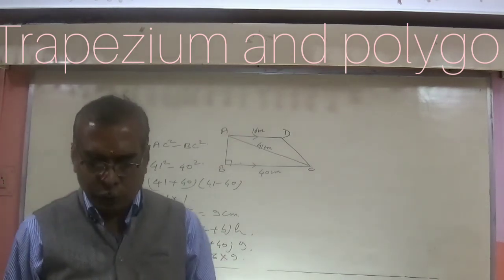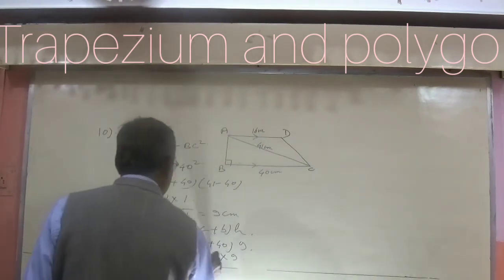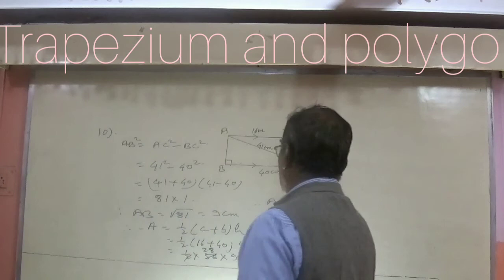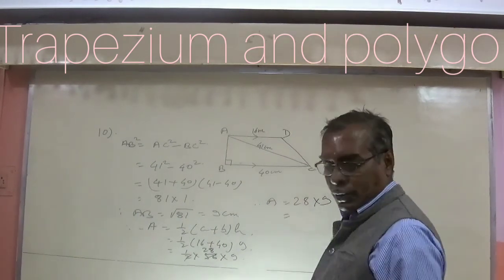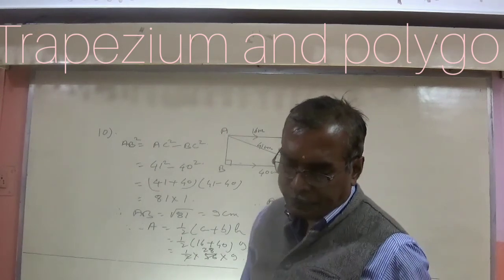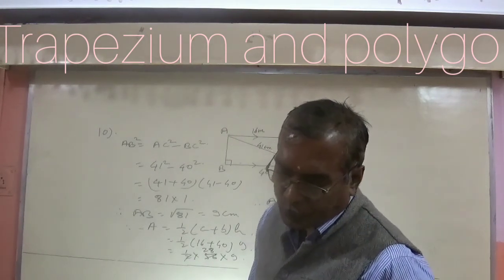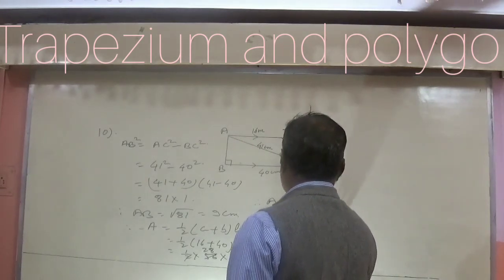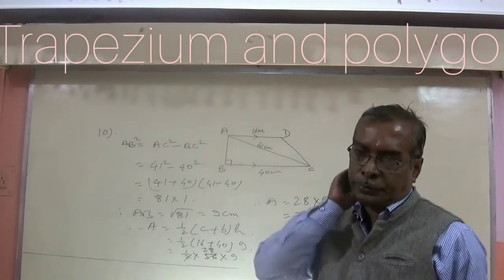Half into 56 cancels to 28. So therefore area is equal to 28 into 9, which is 252 centimeter square, and that will be your answer.